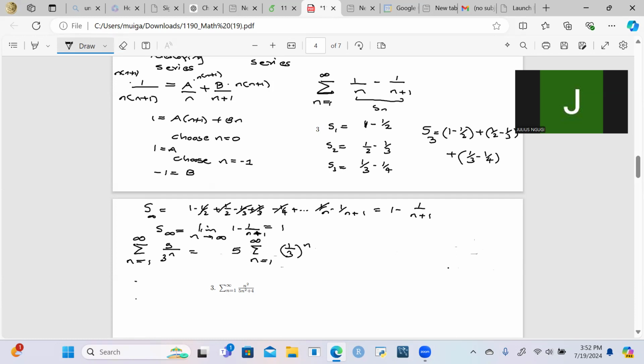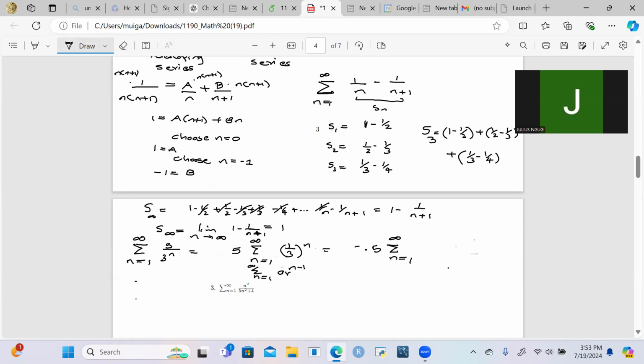But because I want it to be in the form of sum, n starts from 1 to infinity, a r to the n minus 1, whatever the r is, it's 1 over 3. So not factoring, but multiplying.